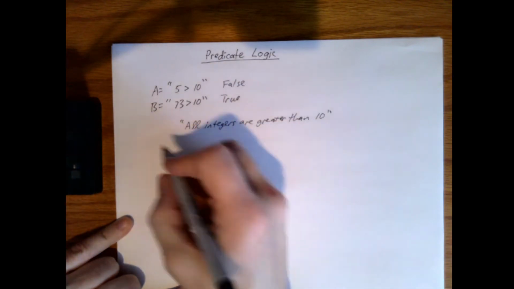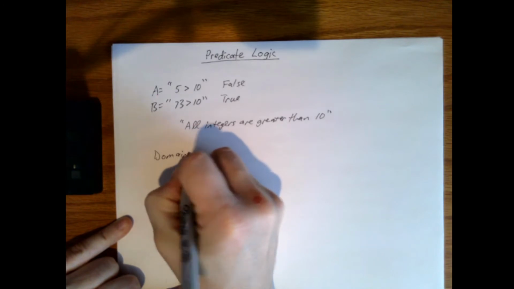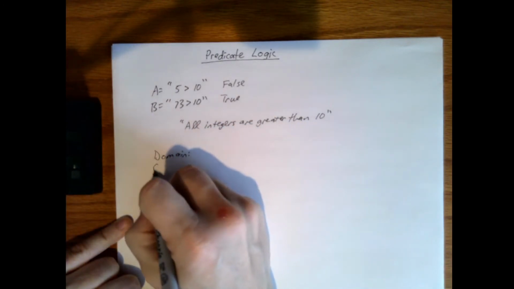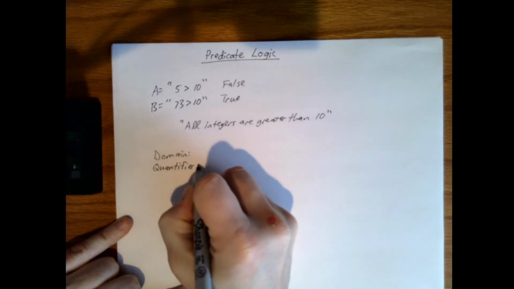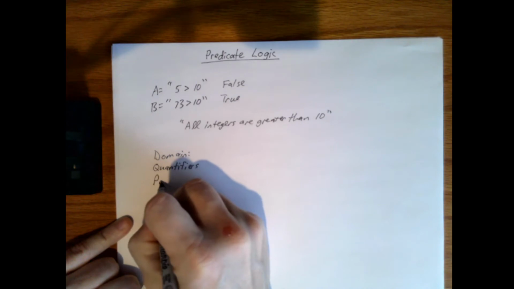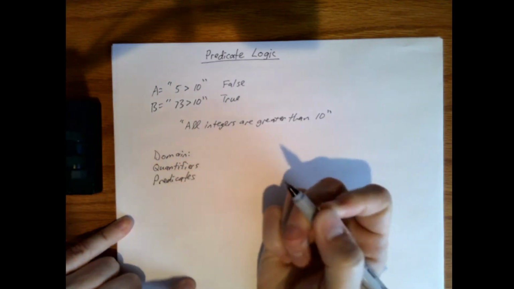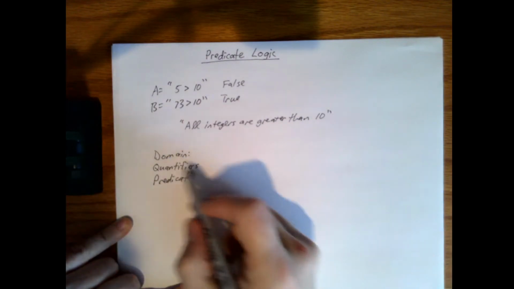And in predicate logic, we're going to have a domain, and some people say this domain of interpretation. We would have quantifiers, and we also have predicates. So what are each of these? The domain would be what we're applying things to.